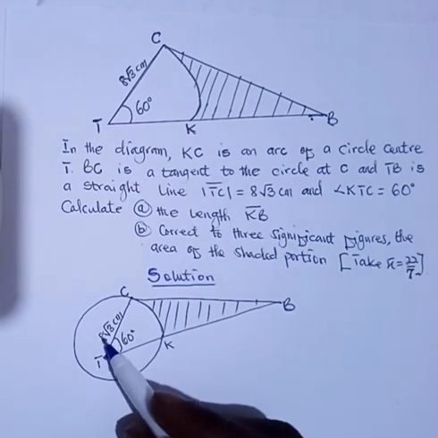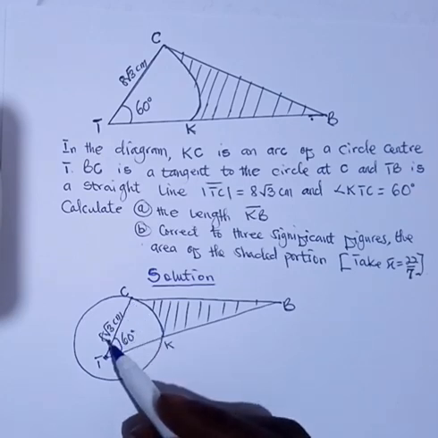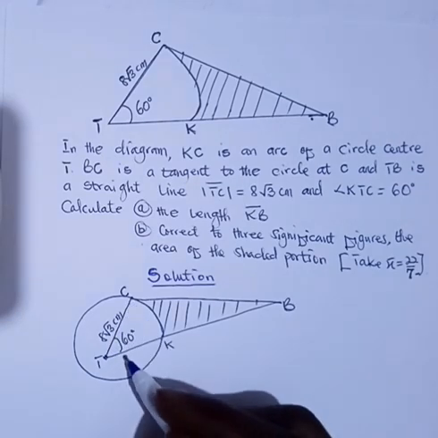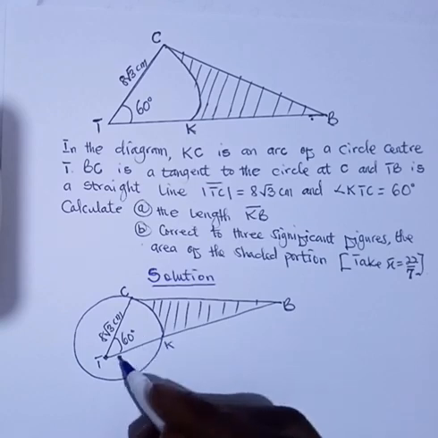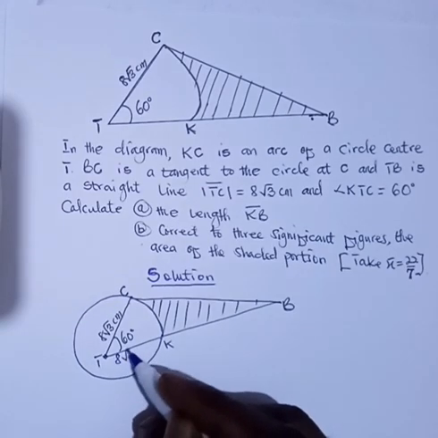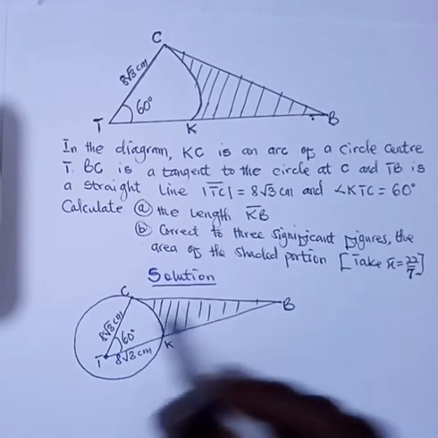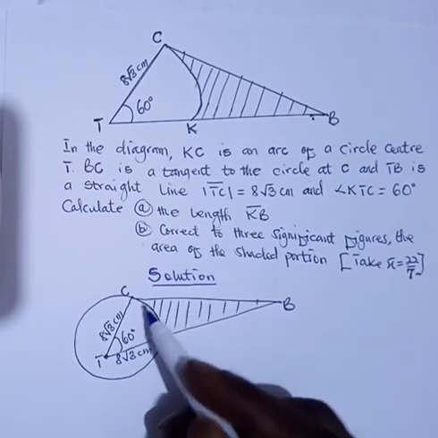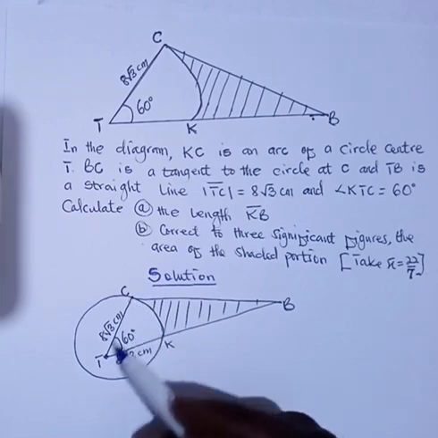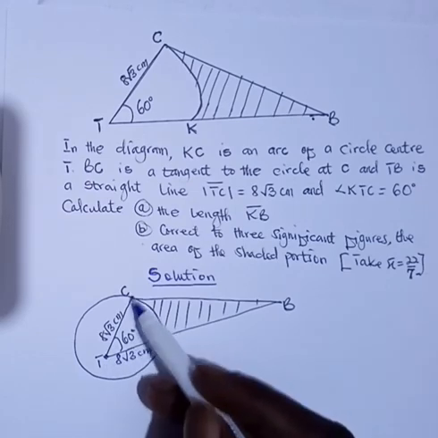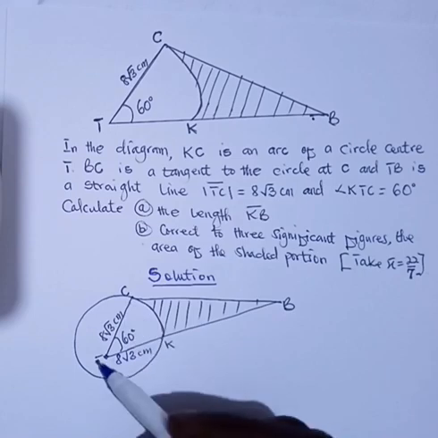So it means that we have two radii in this question. Once TC is 8 root 3 centimeters, then automatically TK is also 8 root 3 centimeters, because these are the two radii and they are the same. Good. Now let's look at this shape CTK.